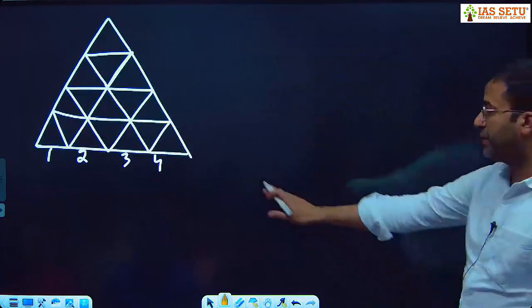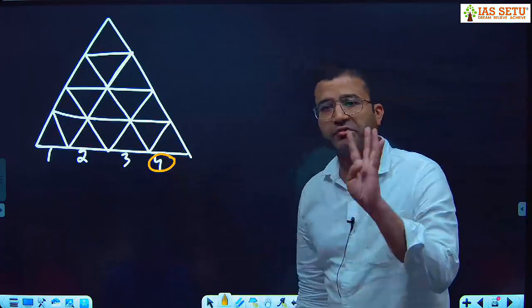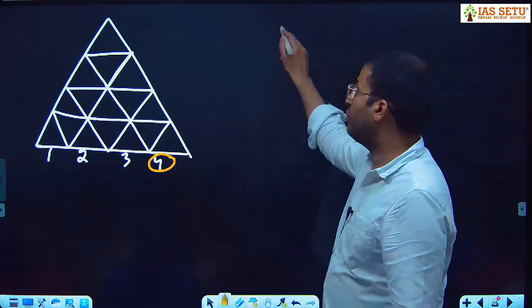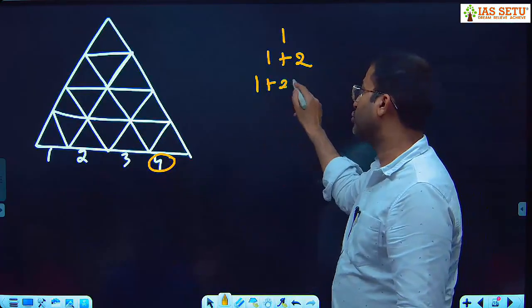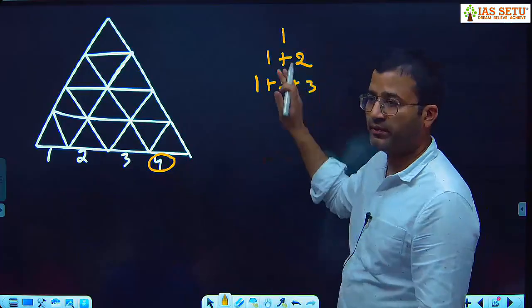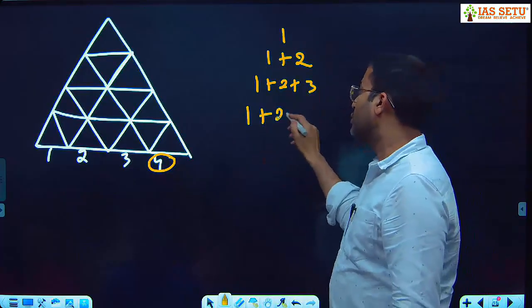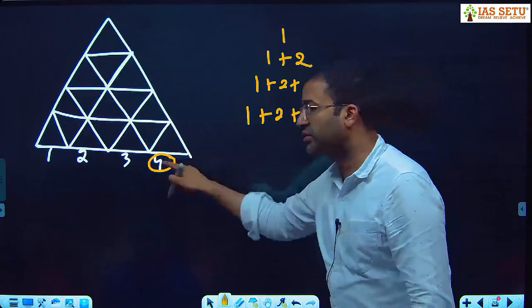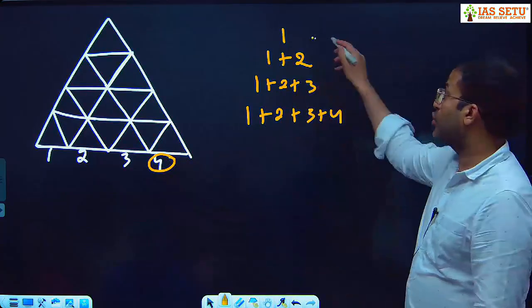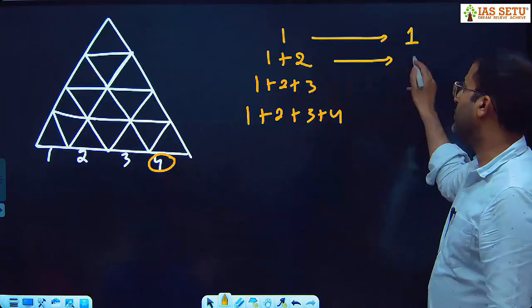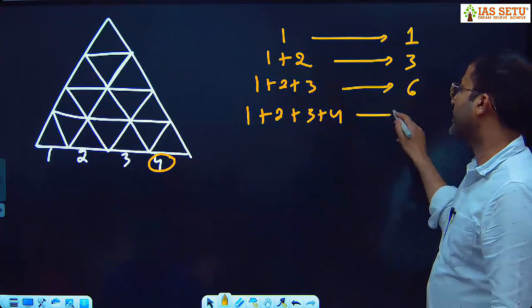Like I repeat, in this case, the base is divided in 4 parts. So what you have to do: 1, 1 plus 2, 1 plus 2 plus 3, you have to make a pyramid. Here, since the base is divided in 4 parts, you have to stop at 4. So now this is 1, 3, 6, and this is 10.